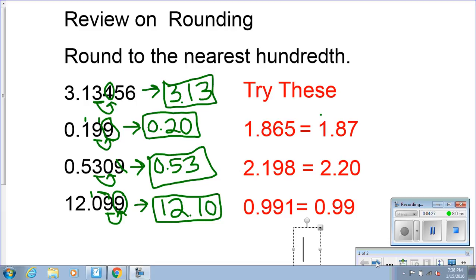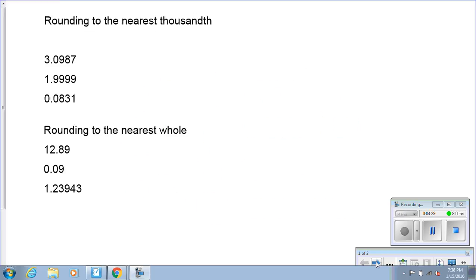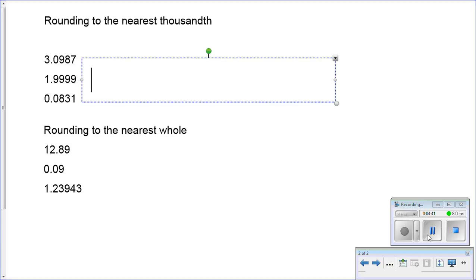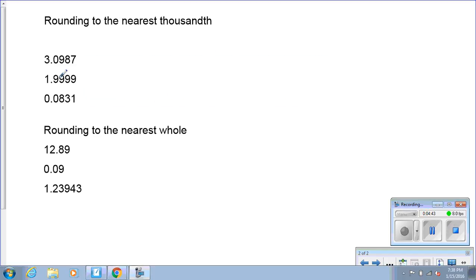Let's take a look at some other place values. We're rounding to the nearest thousandth in this example. In my thousandths place, I have an 8.